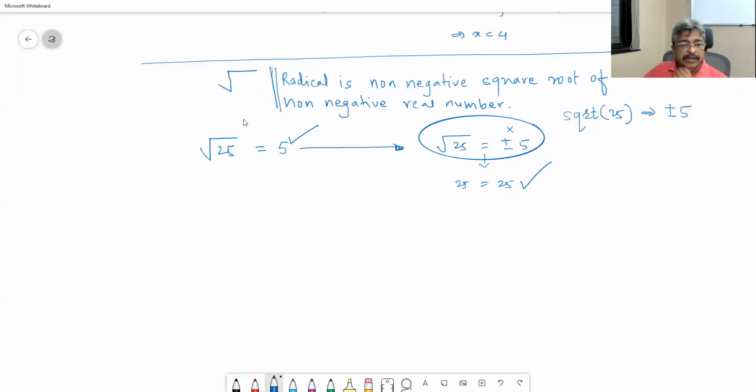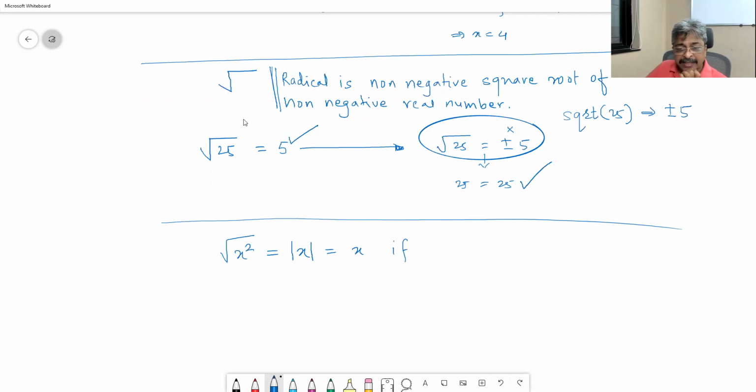Radical x square is equal to mod x, and mod x is equal to x if x is greater than or equal to 0, and is equal to minus x if x is less than 0.